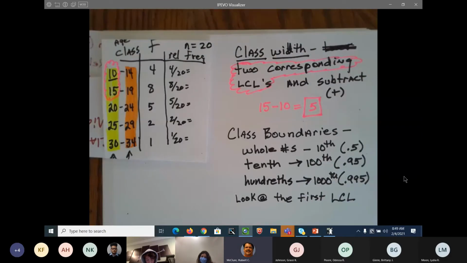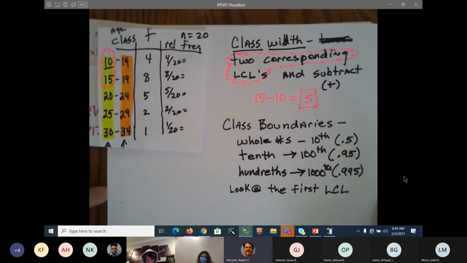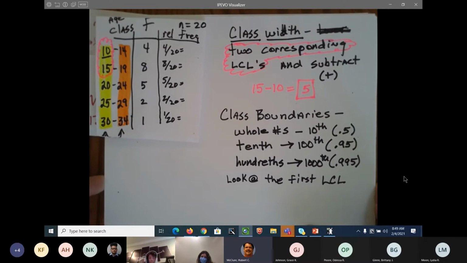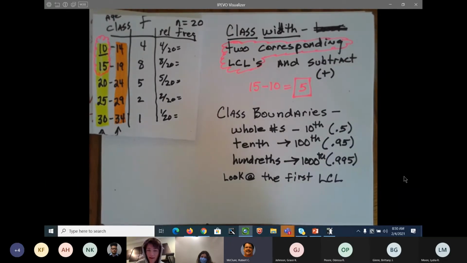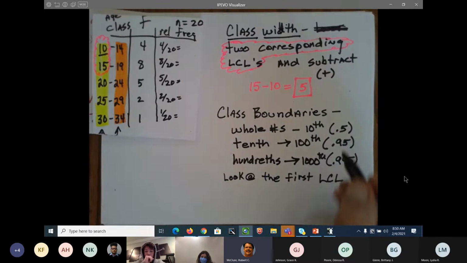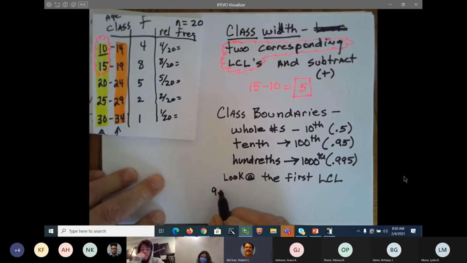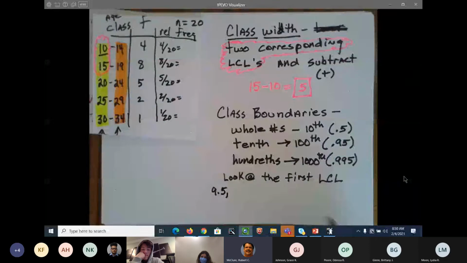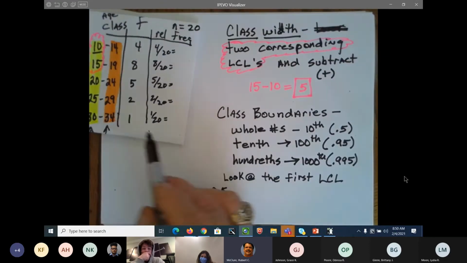What whole number comes before 10? That's really hard, people. What whole number comes before 10? 9. And you add that 0.5 to it. So your first class boundary is 9.5, and now you're going to add 5 until you get to 34.5.